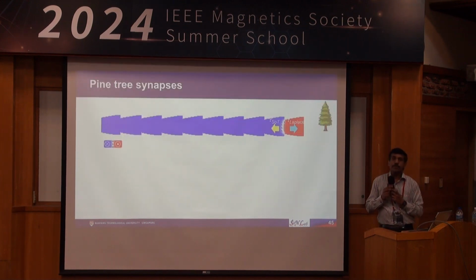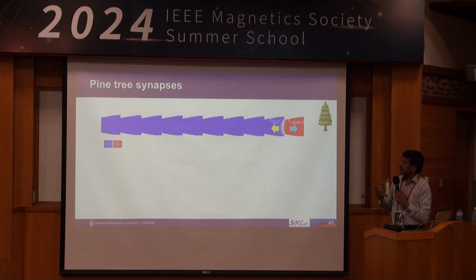One study that we have recently carried out is a pine tree synapse. Here we have a magnetic material which is lithographically designed to form this kind of pattern, and it is called a pine tree synapse because it resembles a pine tree. Two things happen here. When you send a current and you have a spin Hall layer, there is a spin-orbit torque which tries to push the domain walls to one side. On the other side, we have the Laplace force, which acts in the opposite direction.